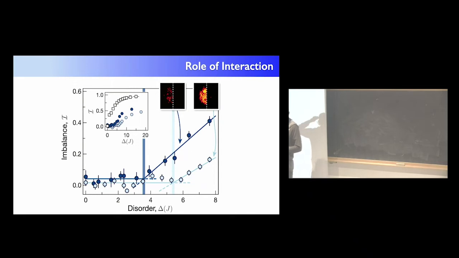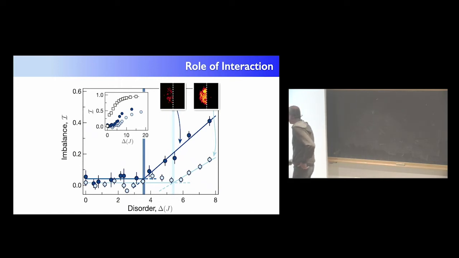So in terms of the imbalance, you expect the imbalance to immediately become non-zero once the disorder is present in the system. This is what numerics tells us. This is what this curve is, the squares. So this would be the numerically calculated imbalance for our system as a function of disorder strength, and you go immediately up, okay, for arbitrarily small disorder in the system.